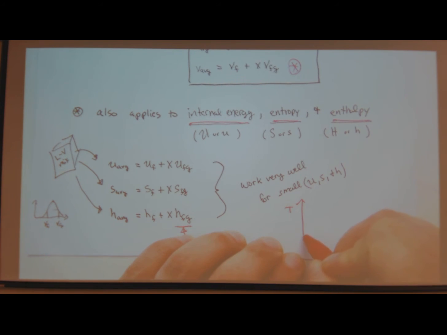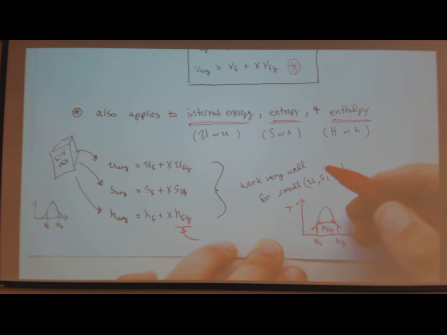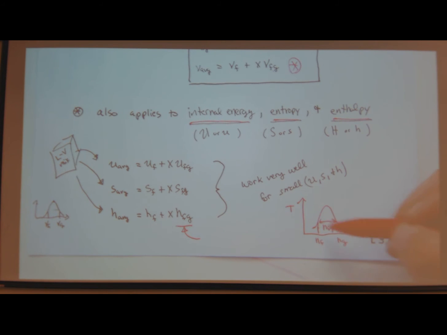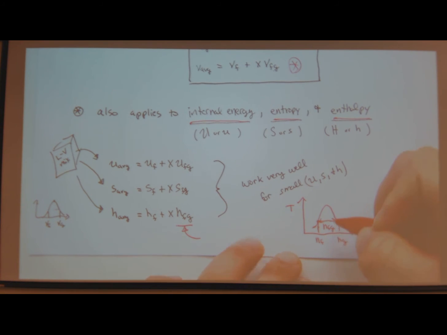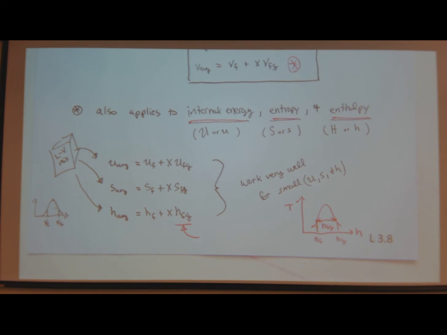I'll just plot temperature versus H. And right here I'd have some HF, HG. Now, given that I have a curve like this, and this represents a phase transformation, what is the pressure going from this point to that point? Constant. It's constant.